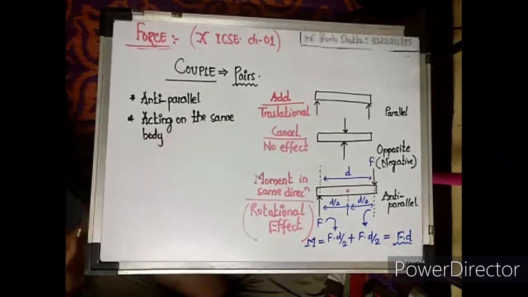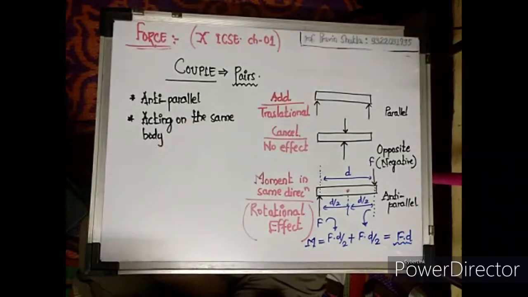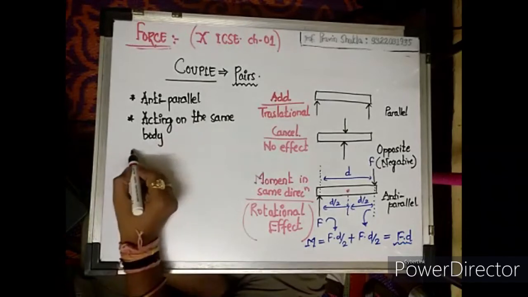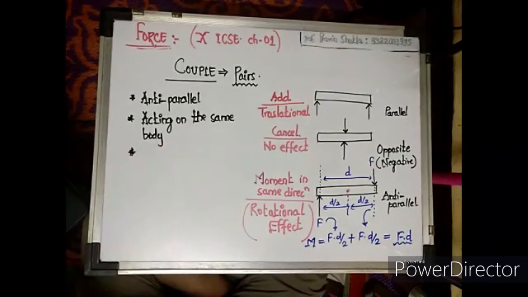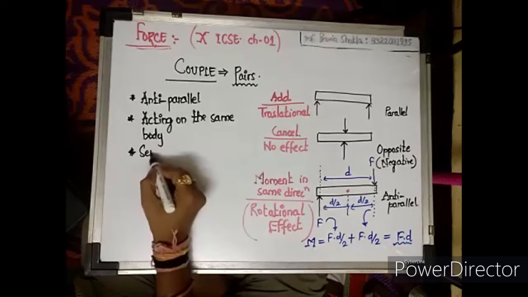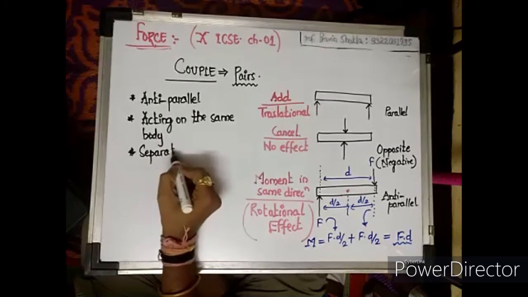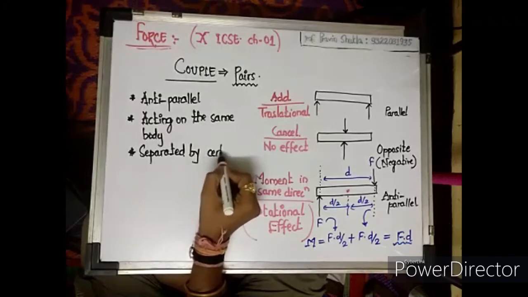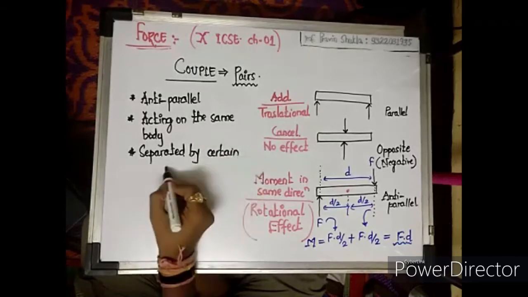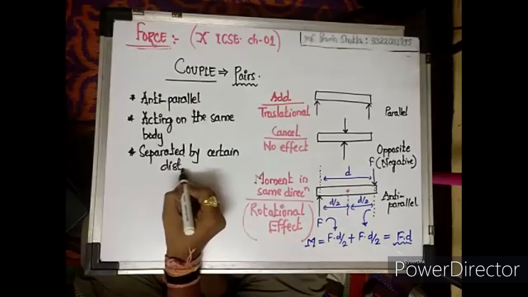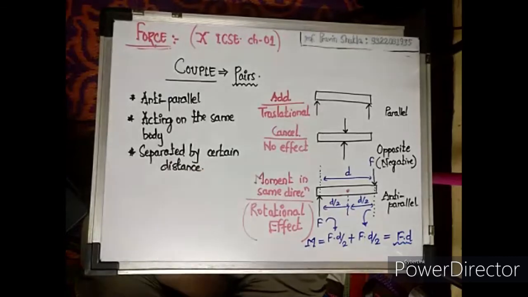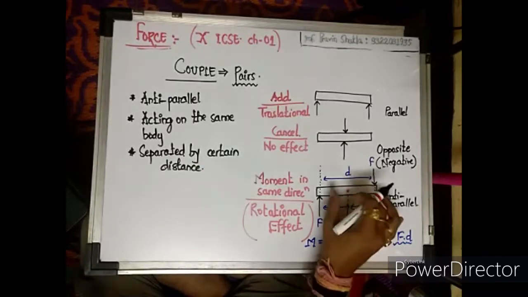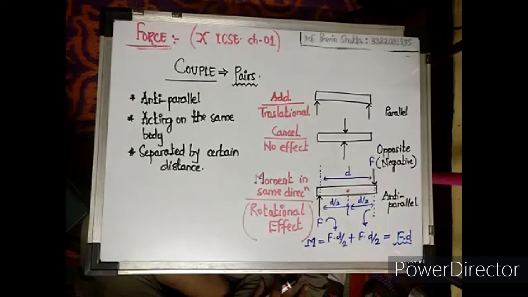Third, separated by a certain distance. This is also a very important concept. This distance is important. Here, what is the distance? D. They are separated by the distance D.